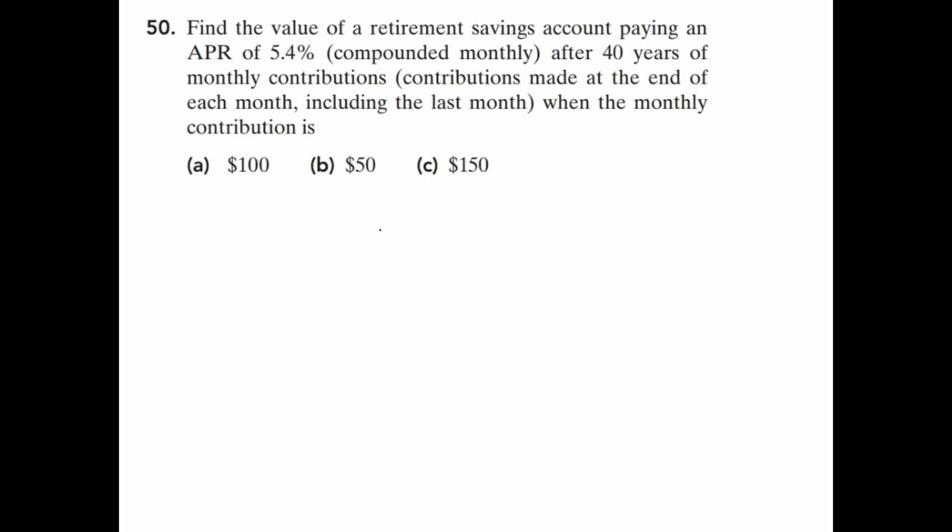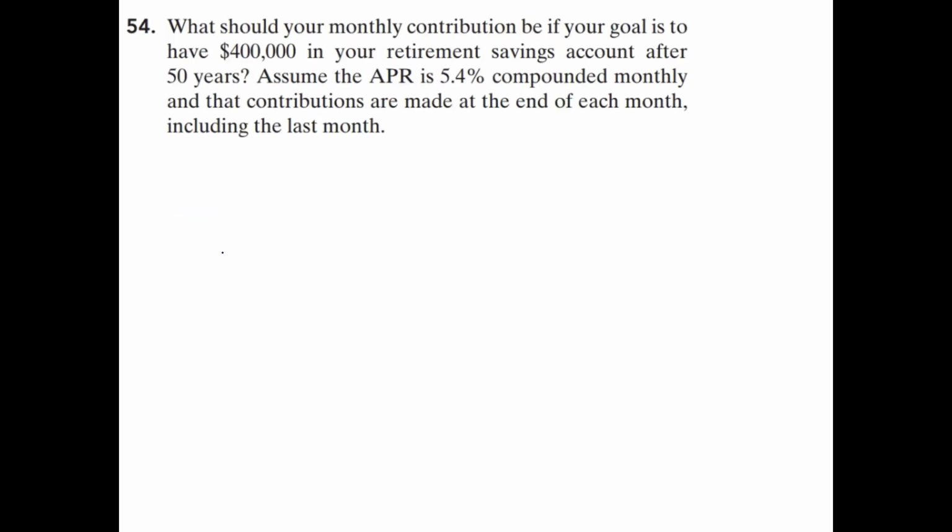So find the value of a retirement savings account paying an APR of 5.4% compounded monthly after 40 years of monthly contributions made at the end of each month, including the last month, when the monthly contribution is $100, $50, $150. Okay, so again, you need to write down the formula.